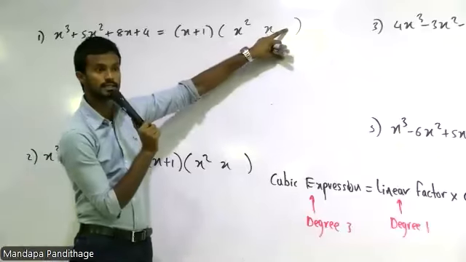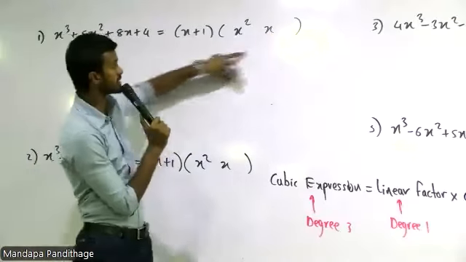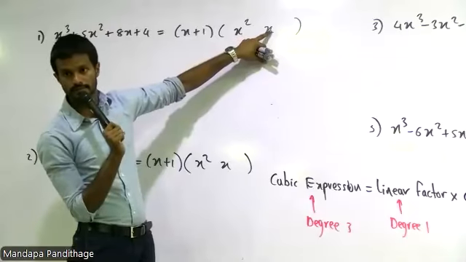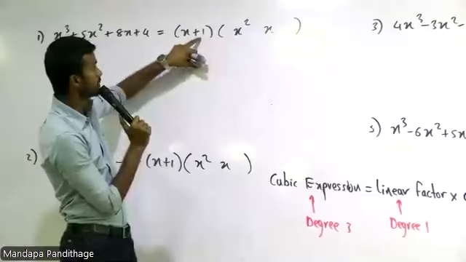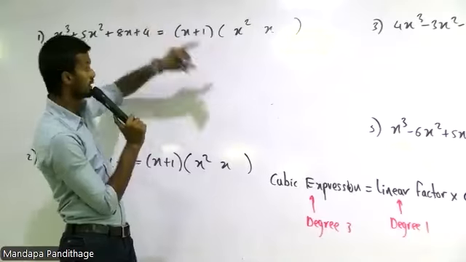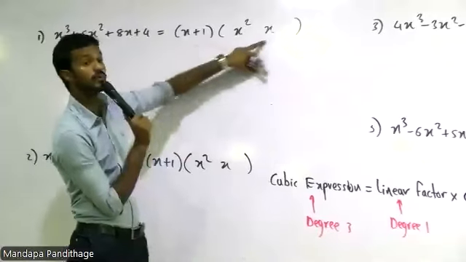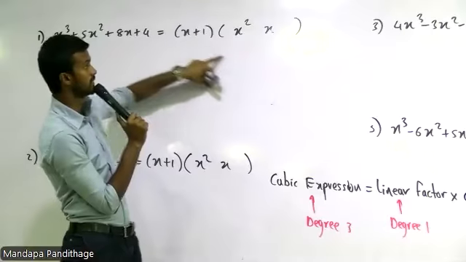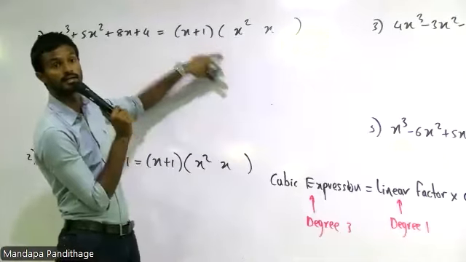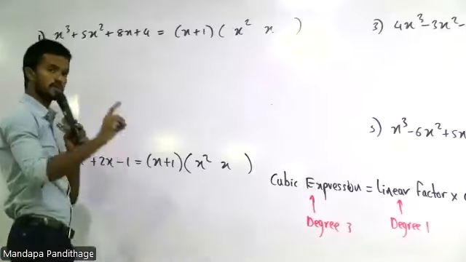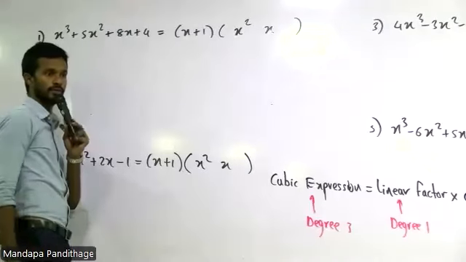Then x into the constant gives x. This into this gives x squared. This into this gives x. And this and this gives the constant.